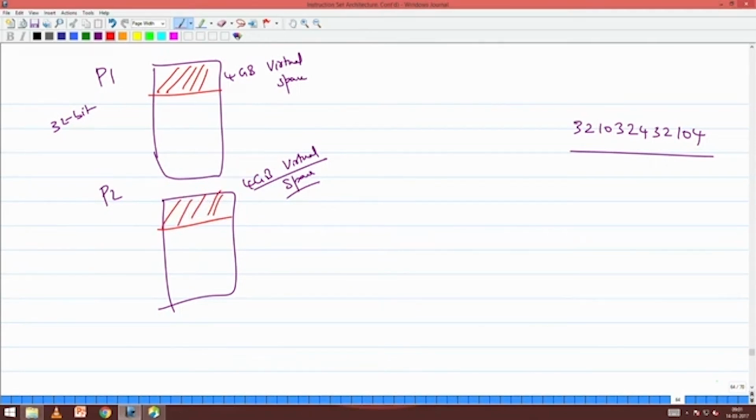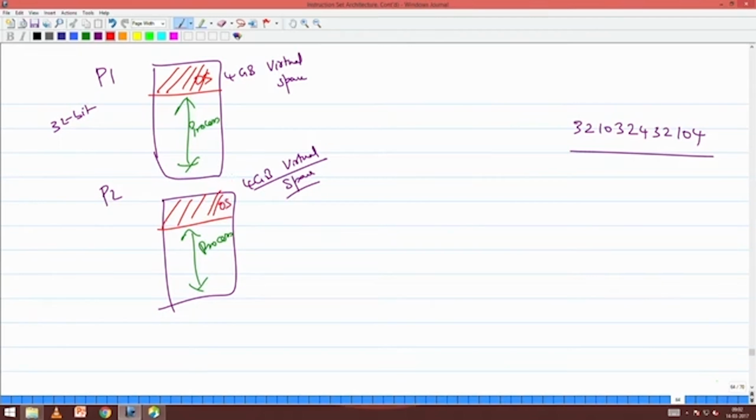For performing system calls, etc. Even your page translation mechanism is part of your operating system. So some part of the virtual address space will be given for this, and the remaining entire space is available for the process. Well, this is OS.